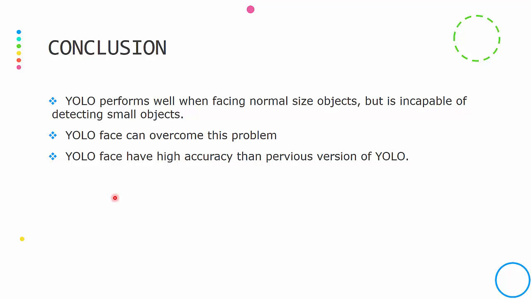We see that YOLO face has a speed similar to version 3. YOLO performs well on normal objects but is incapable of detecting small objects. And here comes YOLO face, which overcomes this problem, and the accuracy of YOLO face is better than previous versions of YOLO. I hope you got some idea about YOLO face.